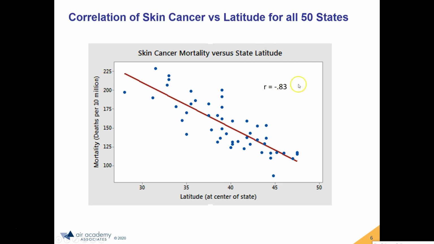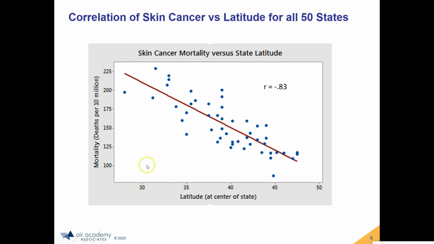This is a fairly strong relationship between the latitude of a state and the mortality rate of skin cancer. Now, what is latitude again? Latitude is the northern or southern, if it's minus, but northern latitude is the distance from the equator.